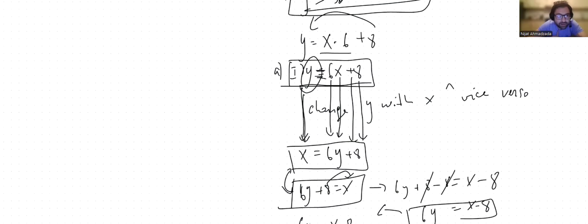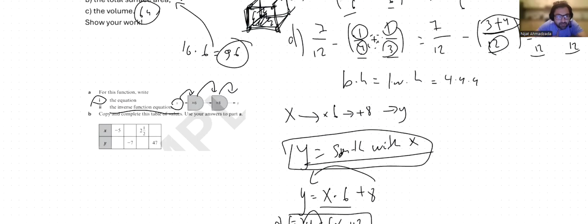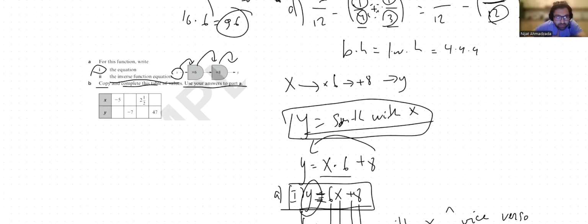Now copy and complete the table of values. Use answers from the previous part. Remember, the function was y equals 6x plus 8. It gives us when x is negative 5, what is y? Y equals 6 times x.